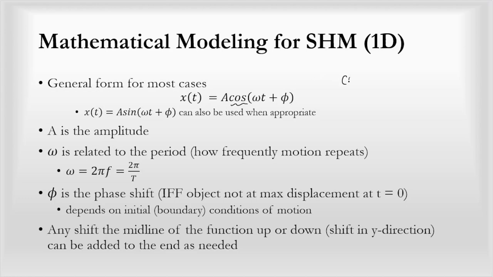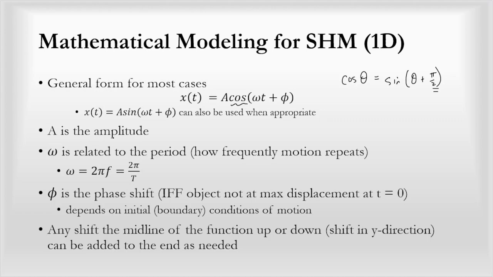Because cosine theta is just a shift of sine theta plus a pi over 2, right? They're shifted 90 degrees from one another, a factor of a pi over 2. So a sine or a cosine could work in here, but by just tradition and convention, we choose a cosine.